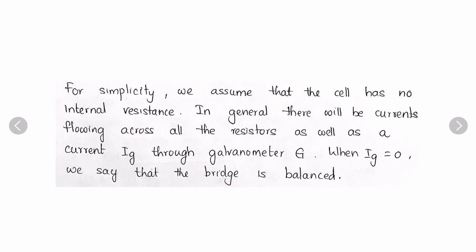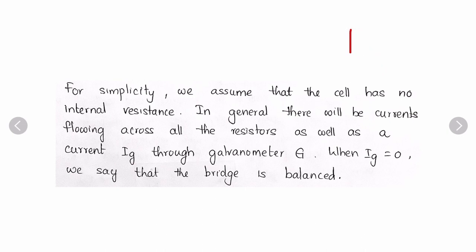In general, there will be so many currents flowing across the resistors, and current is also flowing through the galvanometer. In the present network, currents will be flowing like I1, I2, I3, I4. Similarly, the current through the galvanometer is denoted by I subscript G. Ig is the current flowing through the galvanometer.